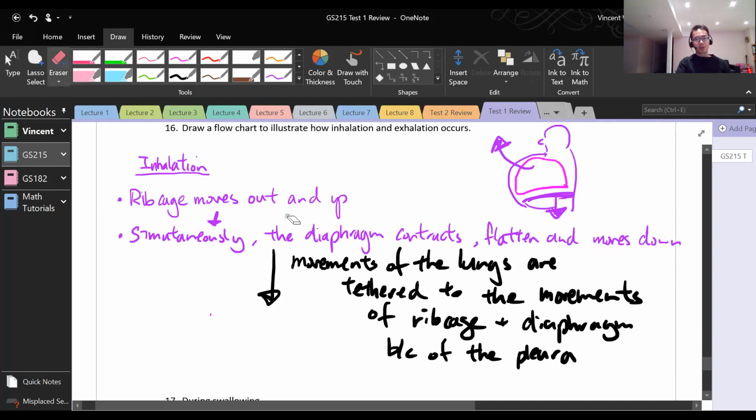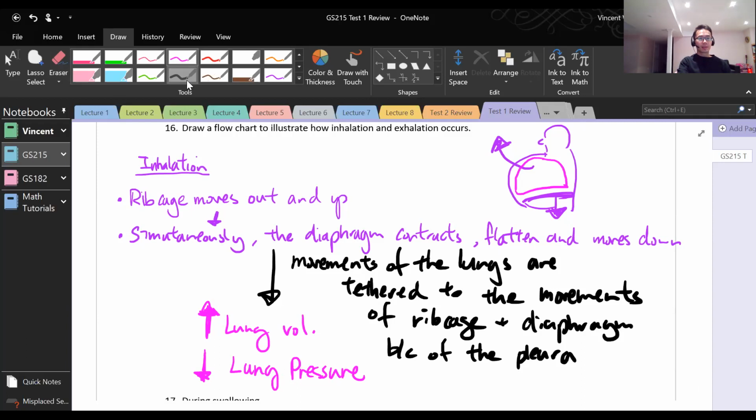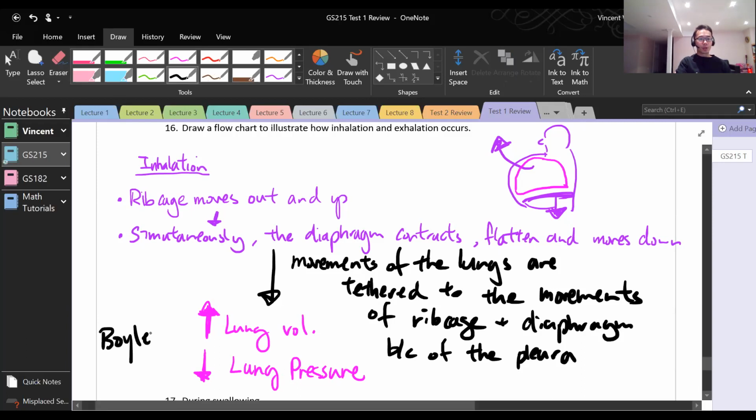Well, because the rib cage goes out and up and the diaphragm comes down, you will increase the lung volume. And then because of Boyle's law, the pressure is going to decrease. This is Boyle's law.